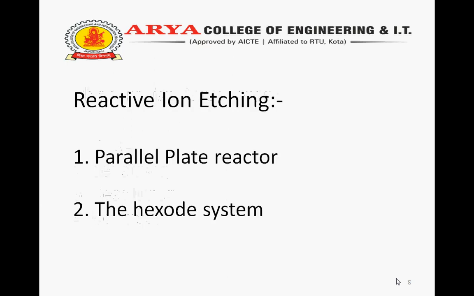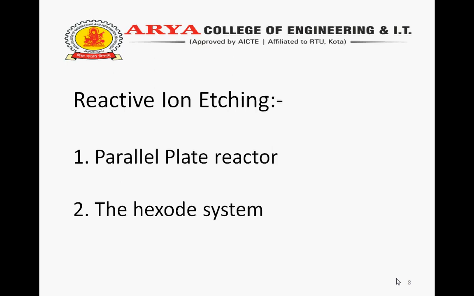Reactive ion etching. Reactive ion etching has been developed to achieve a much higher selectivity than that achieved by ion milling. Reactive ion etching etches the wafer anisotropically. It is also called ion assisted etching or reactive sputter etching.